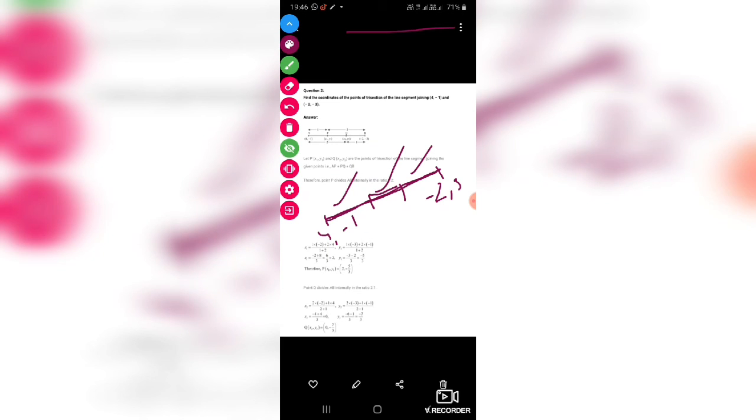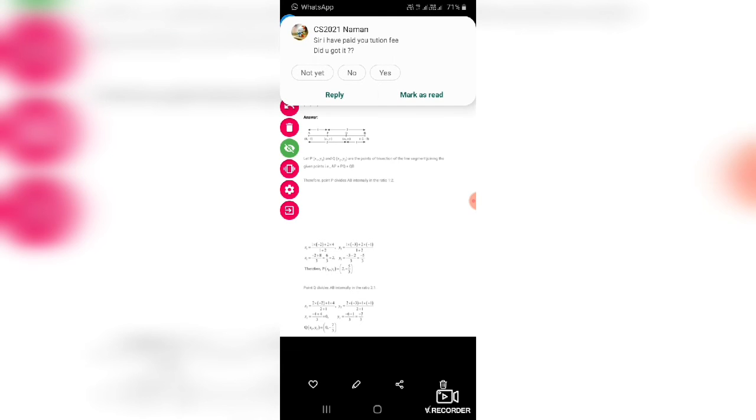So class, in this way we are going to do it. Now in this question, here it is given P point. P point is in ratio 1:2, because AP is 1, PQ is 1, and QB is 1.